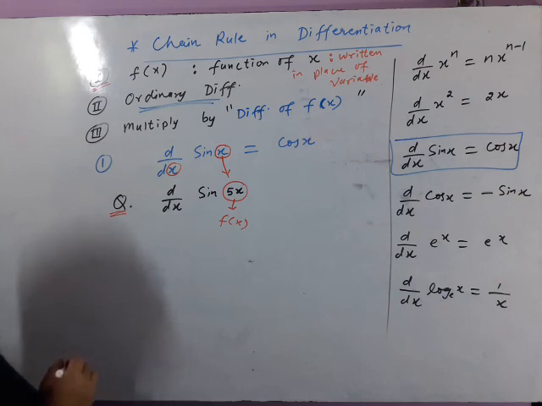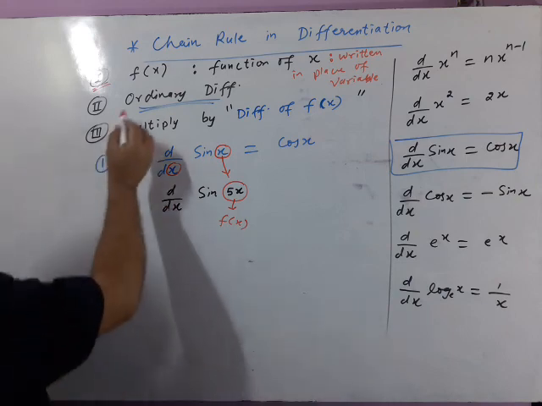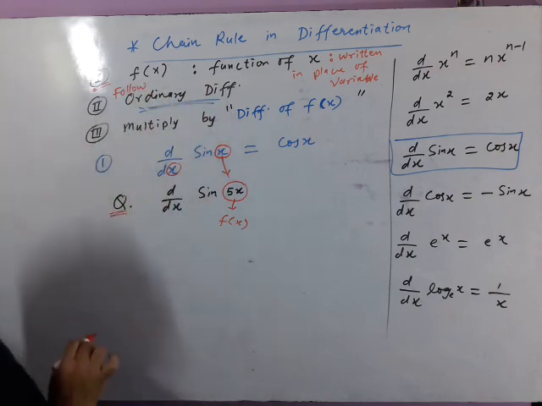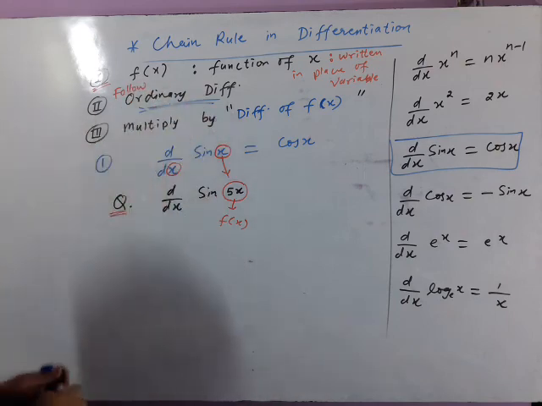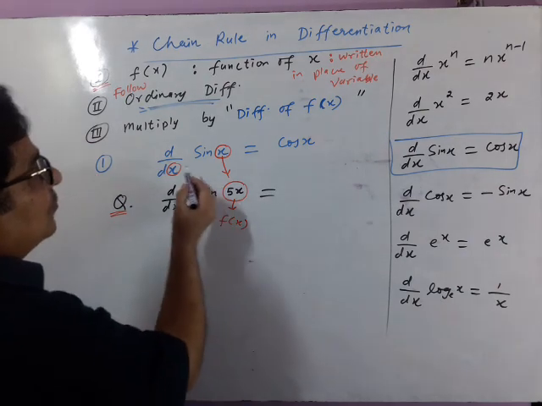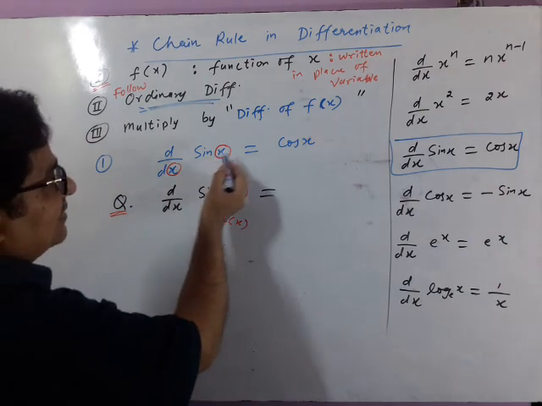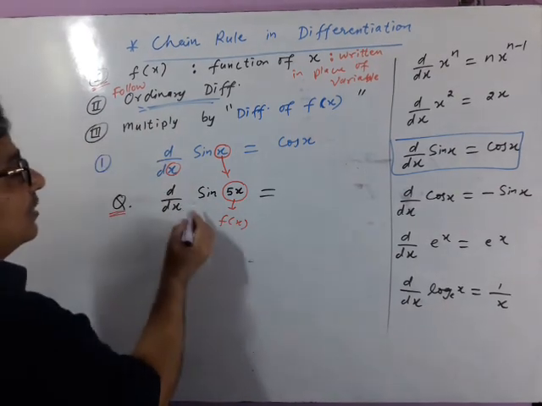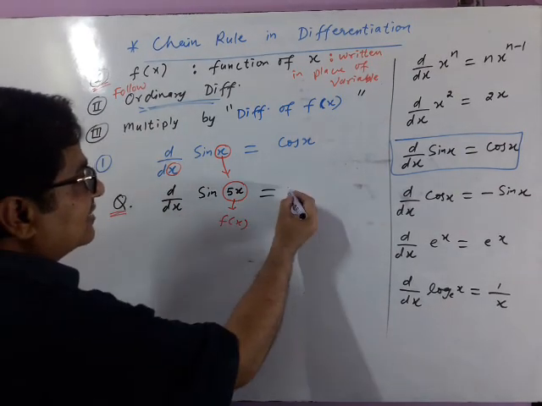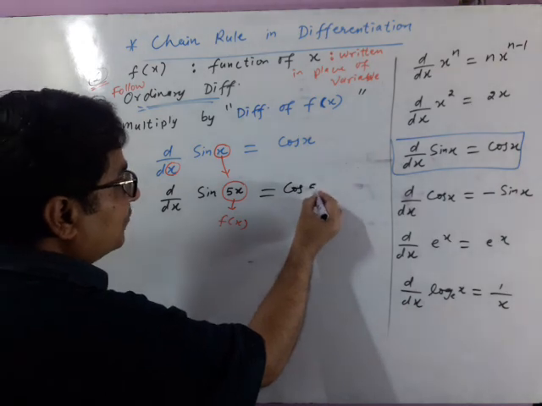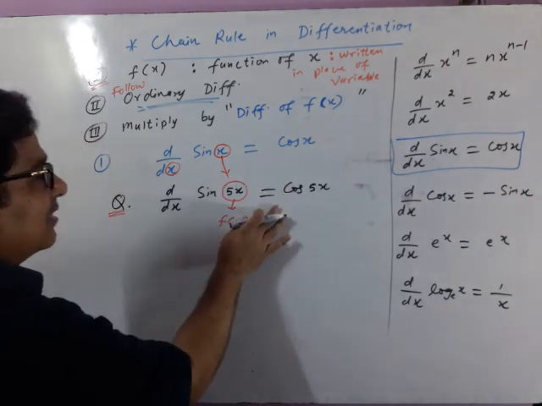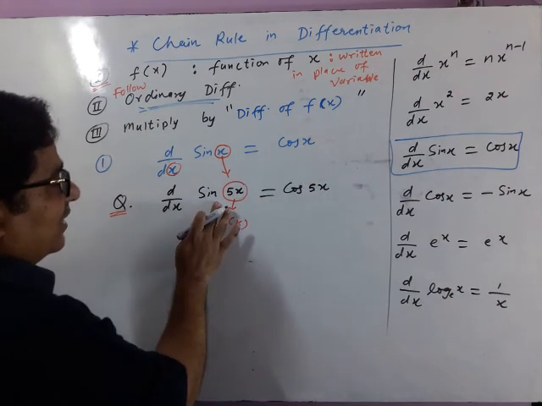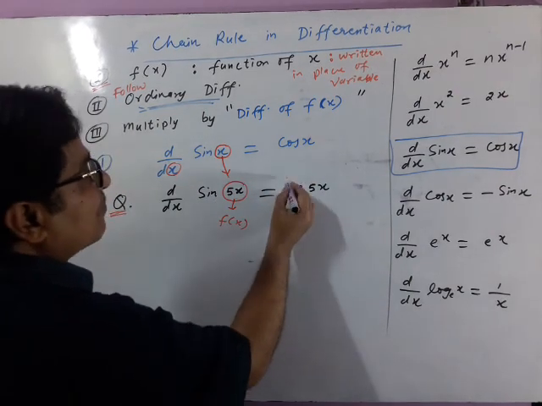Then step 2, follow ordinary differentiation. Ordinary differentiation means, like you know, differentiation of sin x is cos x. Similarly, you will follow step number 2. Differentiation of sin 5x is cos 5x. In a similar way, differentiation of sin x is cos x, and differentiation of sin 5x is cos 5x.